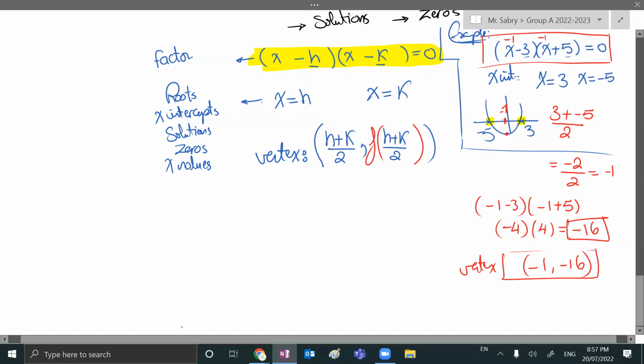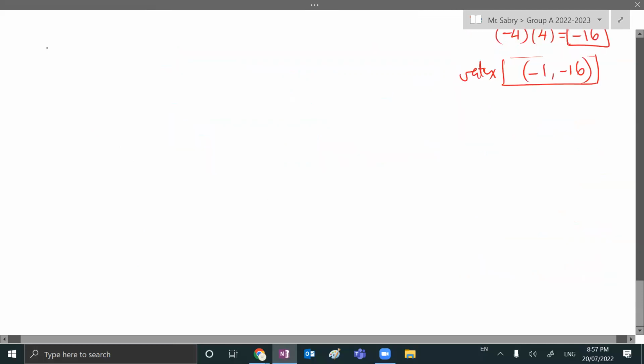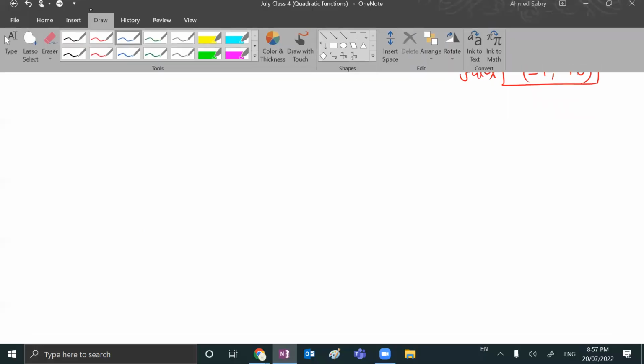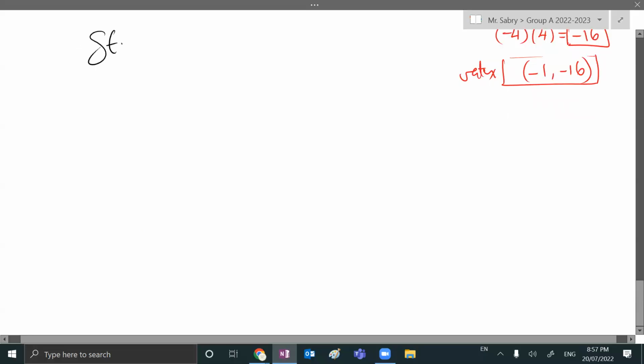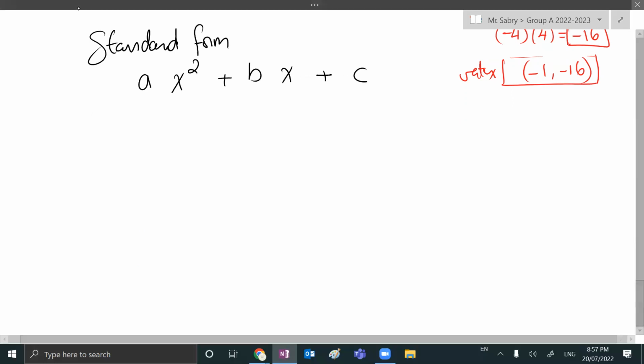Any questions until here? One of the very important things to know about the quadratic equation is specifically the standard form. Standard form, we said it's the one that has ax squared plus bx plus c. Now, there is a rule here.